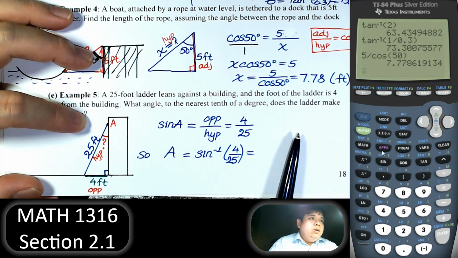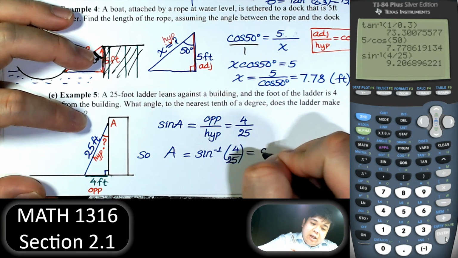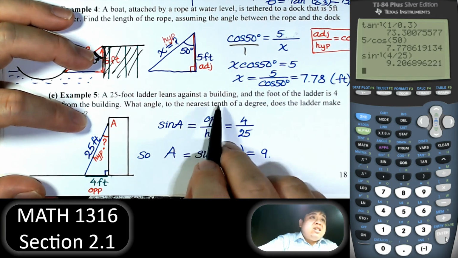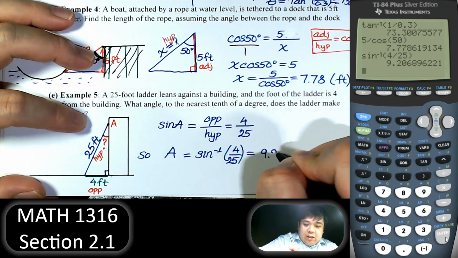So sine inverse of 4 divided by 25, and that is 9 point, and this time to the nearest tenth of a degree, so 9.2 degrees.